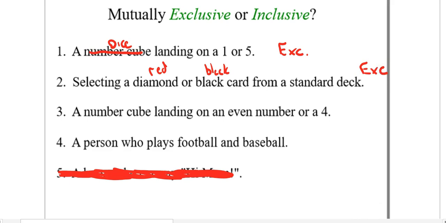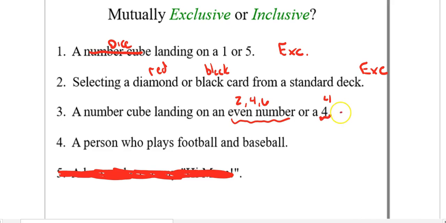A number cube landing on an even number or a 4. Even numbers on a dice would be 2, 4, and 6, or a 4. Notice that in this case, you can have something that's in both. It can be an even number, and it can also be a 4. So this is an example of inclusive.